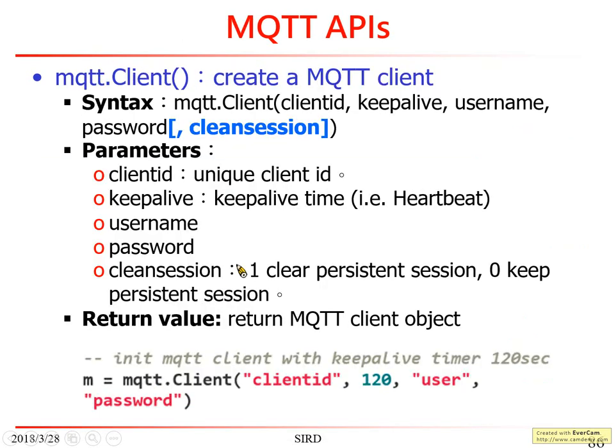So the syntax is something like this. You have to have a unique ID, as I mentioned. If you don't have a unique ID, then you will be replaced by the later client that joins this broker. Keep alive lifetime, as I mentioned, is this heartbeat. You say how often the client will send a heartbeat to the broker.